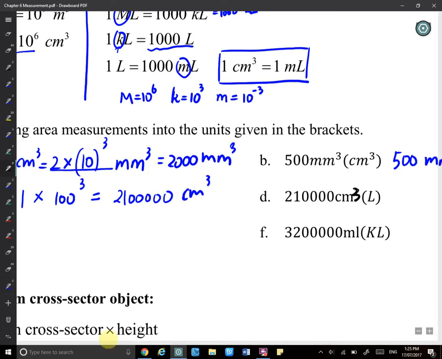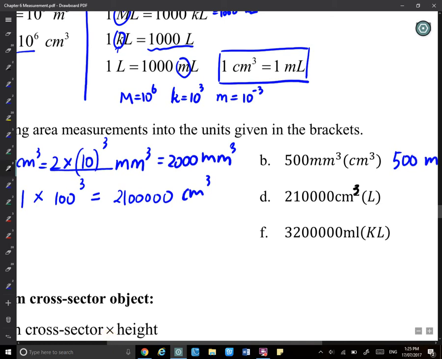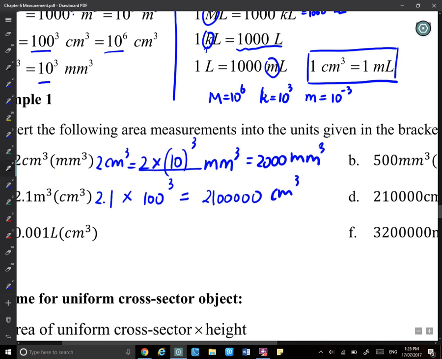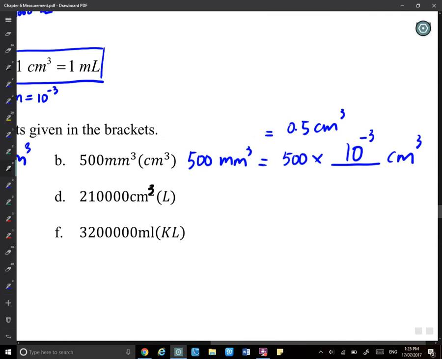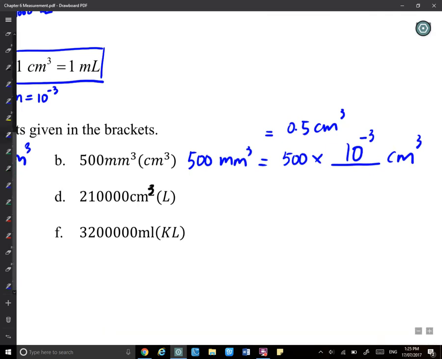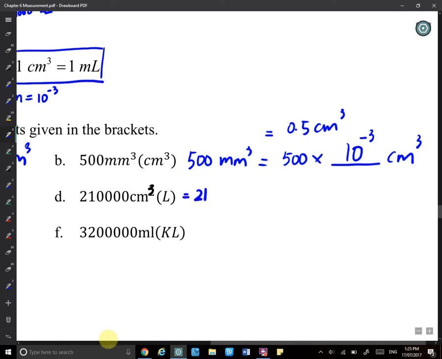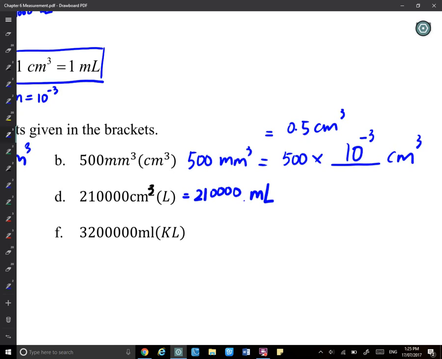Next question. For this one, centimeter cube to liters. Centimeter cube is the metric unit and liter is the capacity unit, so I can't do anything about it yet. I will use the link to convert that. 1 centimeter cube is 1 milliliter, so this equals 210,000 milliliters.